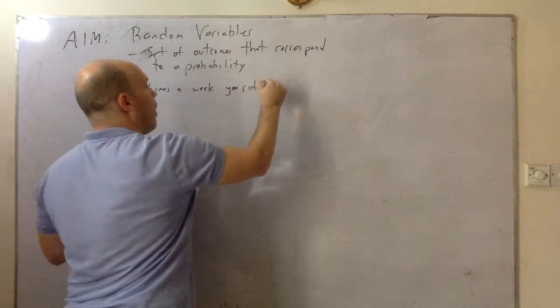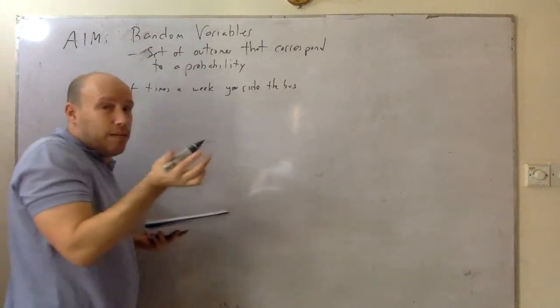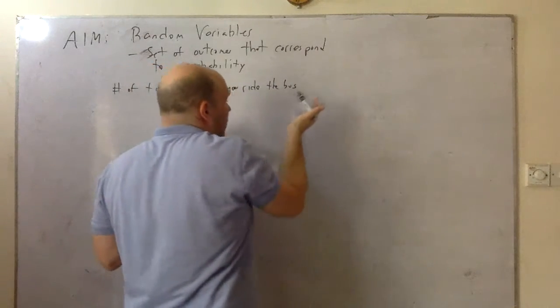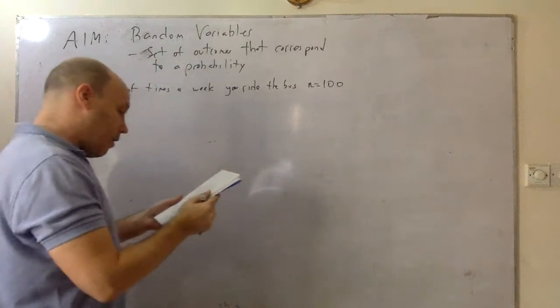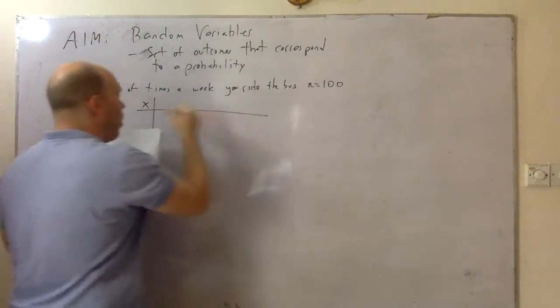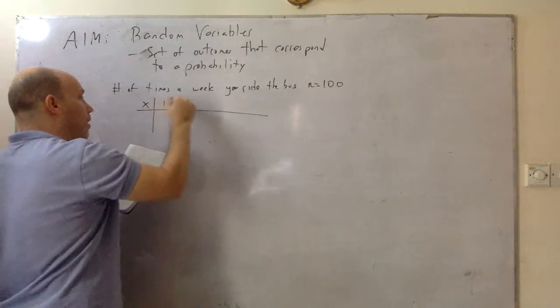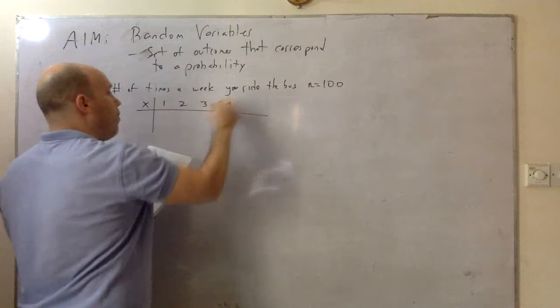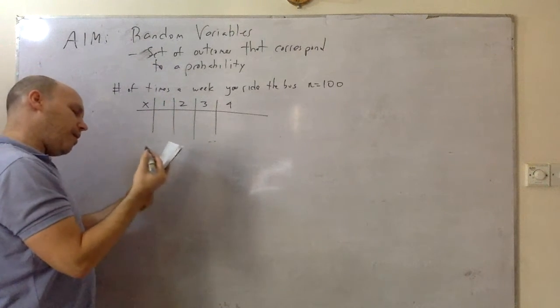You look at the data, and you think, okay, fine, 100 people were asked, and here are the outcomes. We'll call it X, for the variable. The answers are 1, 2, 3, 4.